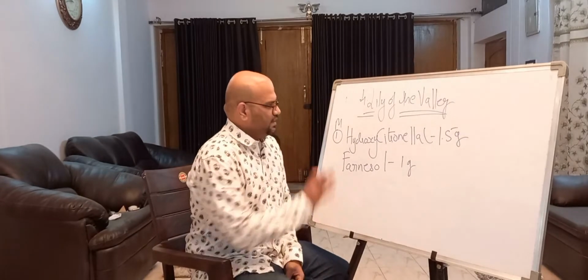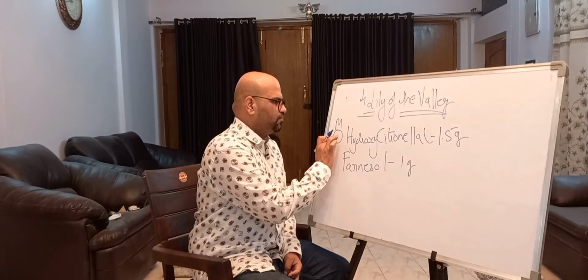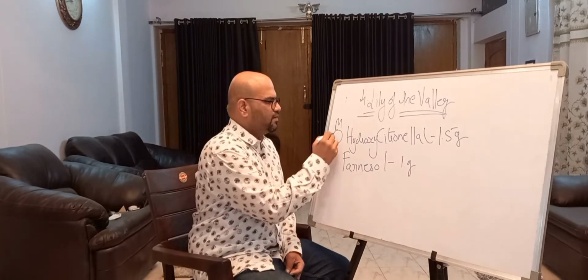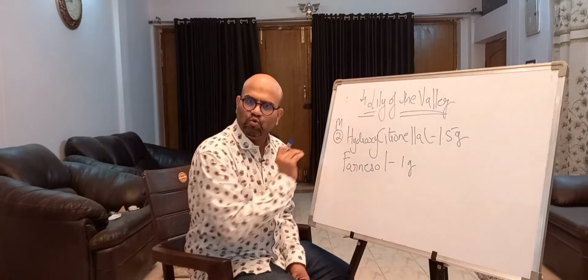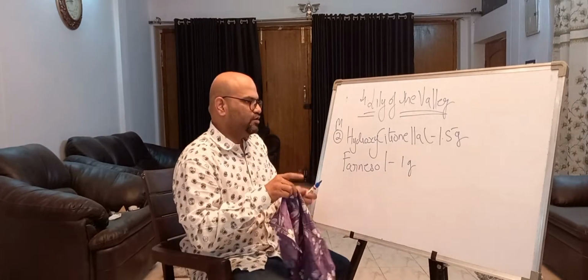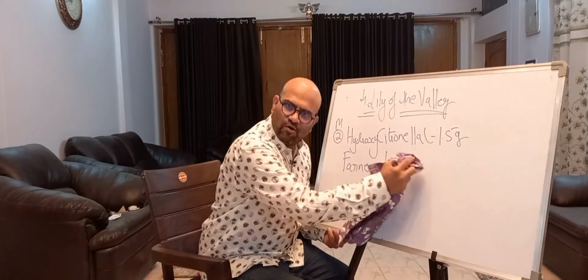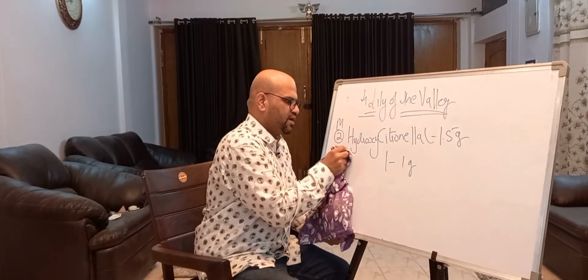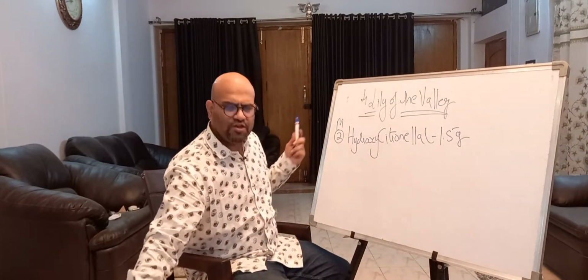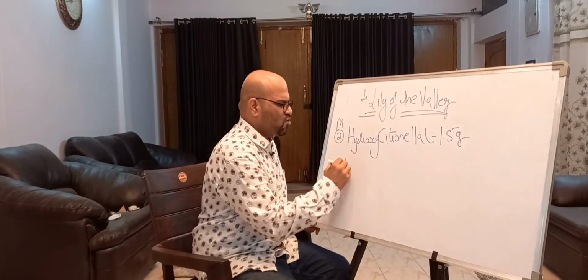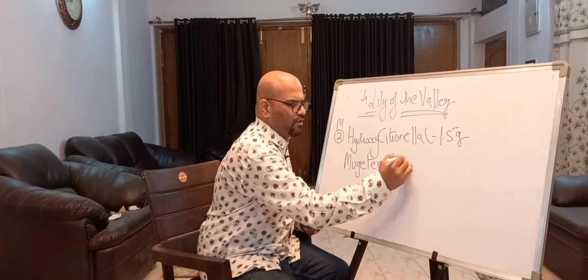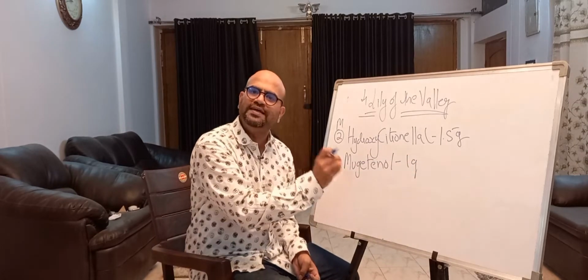Now, in M2, this is over, you keep it aside. Now you take another can, label it as M2. Okay. You take the same hydroxycitronellal, 1.5 grams, and you take another material which is called muguetanol.